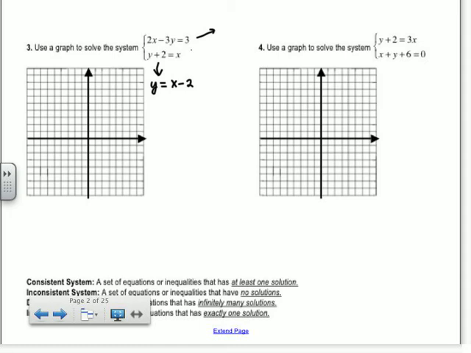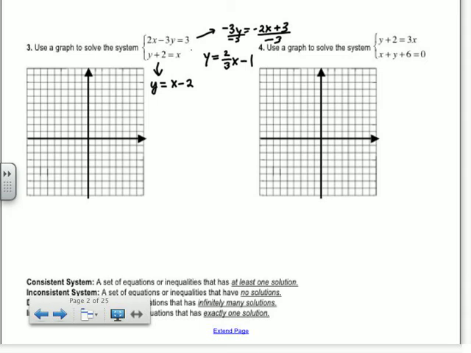I'm going to have -3y equals -2x plus 3. And I'm going to divide everywhere by -3. So I get y equals positive 2/3 x minus 1.